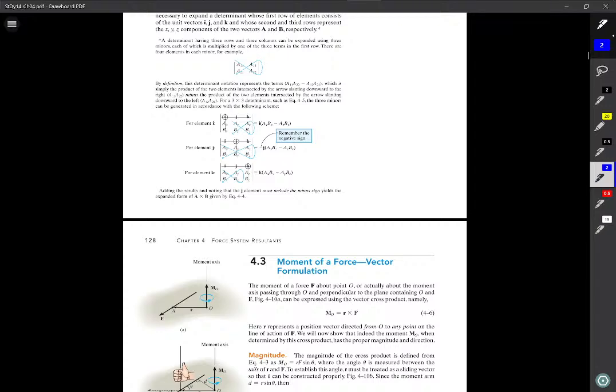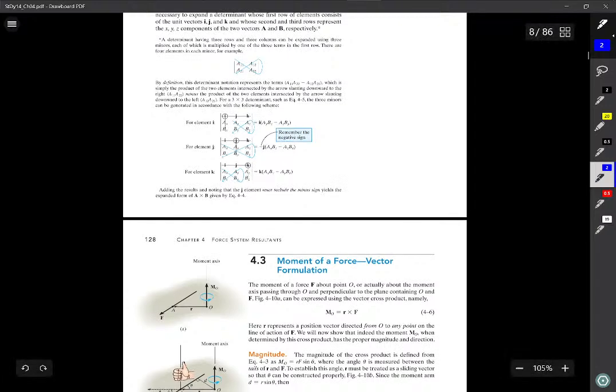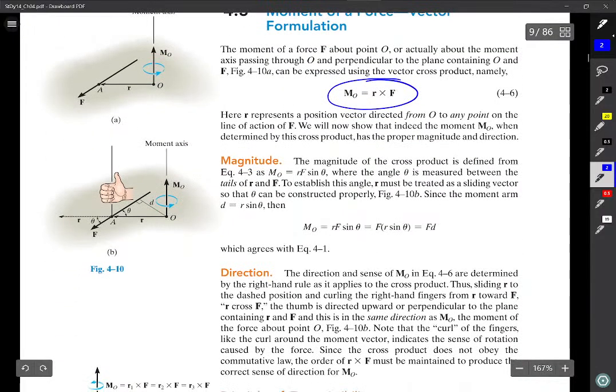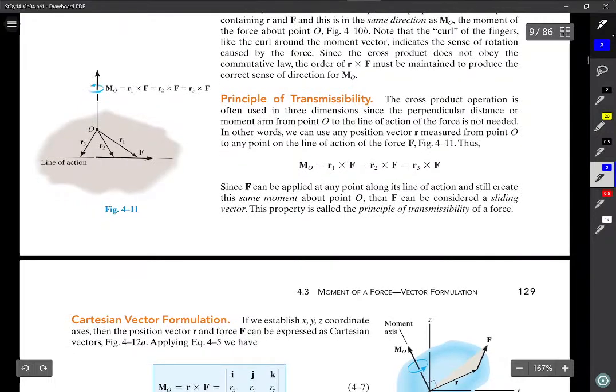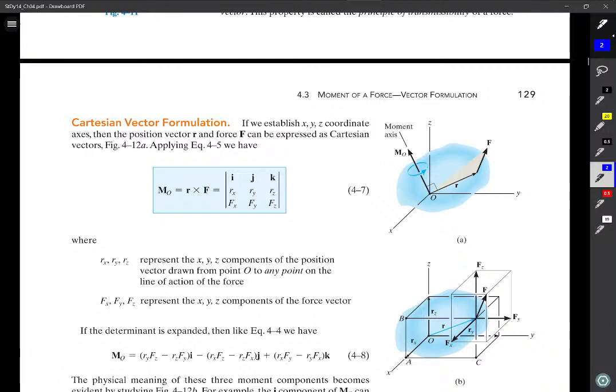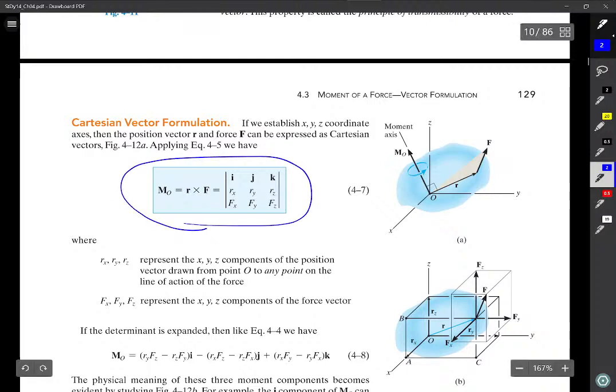So, we are in somewhat of this section. We talked a little bit the other day about the moments. There are some interesting approaches or mentalities for this principle of transmissibility. This is the standard form of a moment about a point.